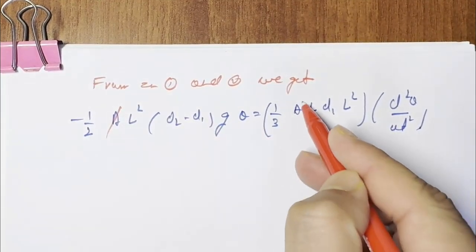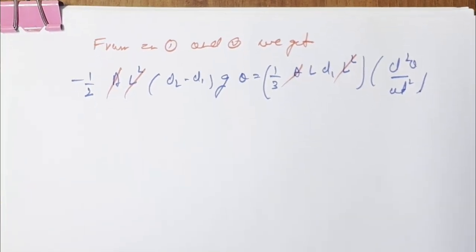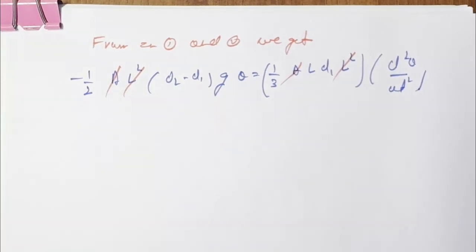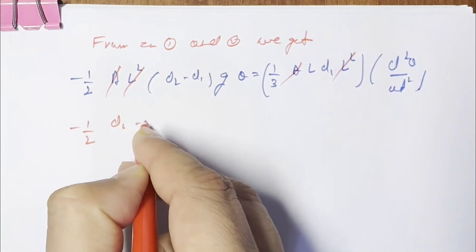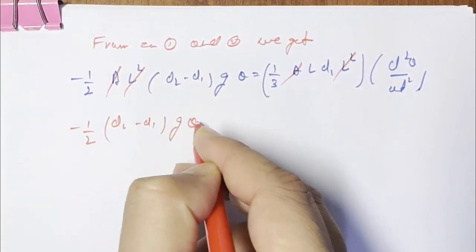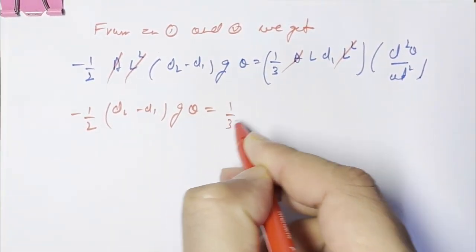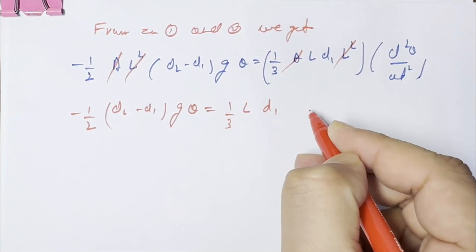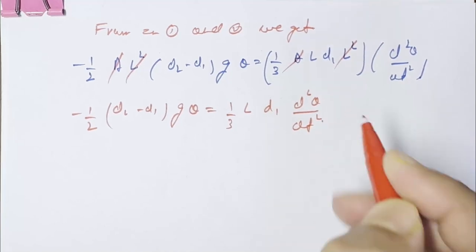The AL and an L cancel, so we are left with minus 1 by 2 (d2 minus d1) g theta equal to 1 by 3 L d1 times the double derivative of theta with respect to time.